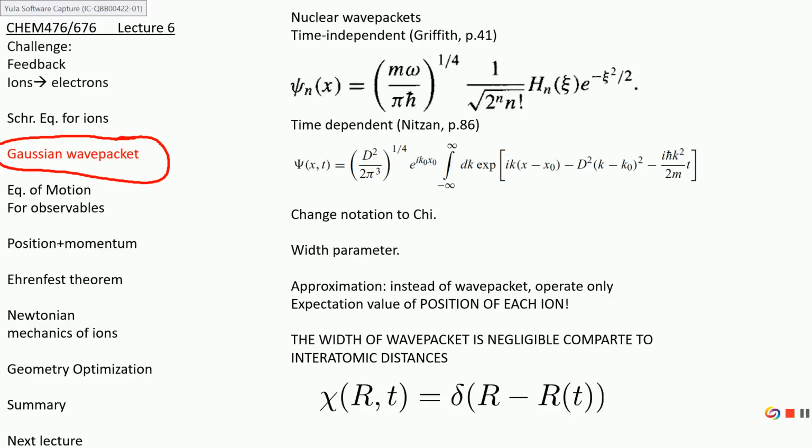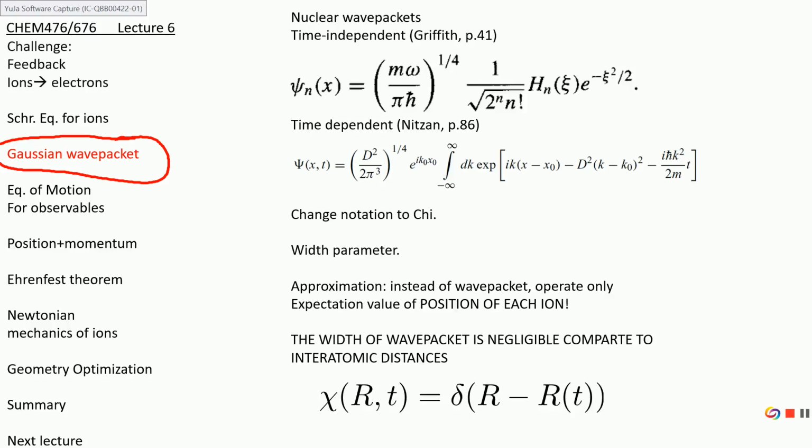Does anyone feel happy about these equations? Probably we don't care about it, but briefly, there is no reason to go with it, but it is a mathematical expression for a Gaussian nuclear wave function of nuclei that changes in time.